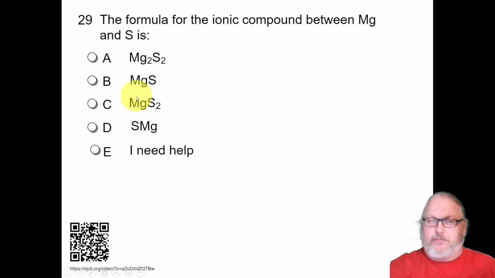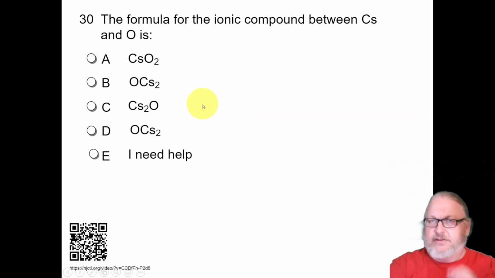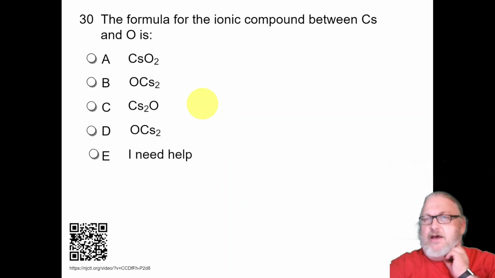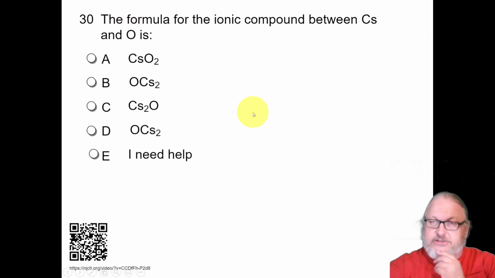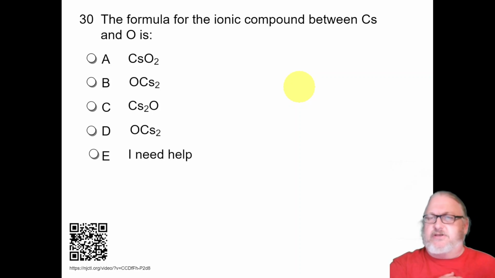Crisscross, and I come up with magnesium sulfide, MgS. What's the formula for the ionic compound between cesium in group 1 and oxygen, 2-? I'm going to do Cs 1+, O 2-, crisscross. The 2 comes down to the cesium, and I'm going to come up with Cs2O.